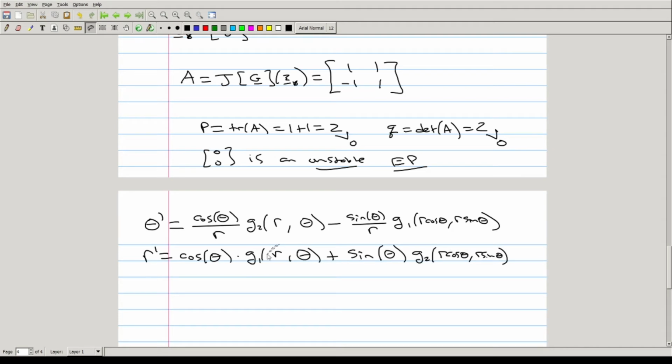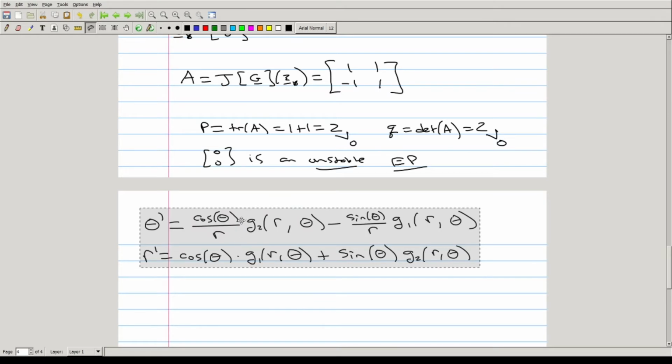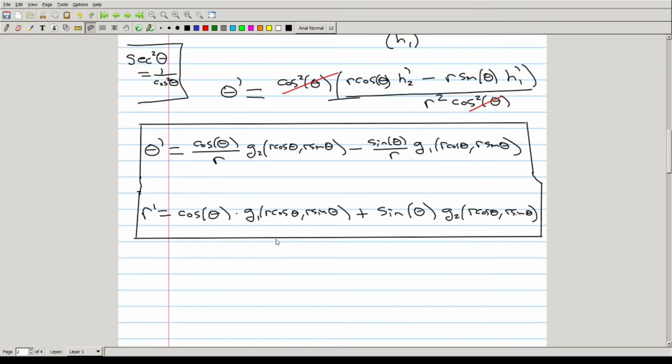I don't want to get confused if you have to end up using these equations and plugging into a problem that is not centered at the origin. You can still use everything that we did before. You just have to mind the fact that x's and y's have to be shifted by the critical point itself. So I'll probably go back and plug this in over there as well, just to keep the notes consistent.